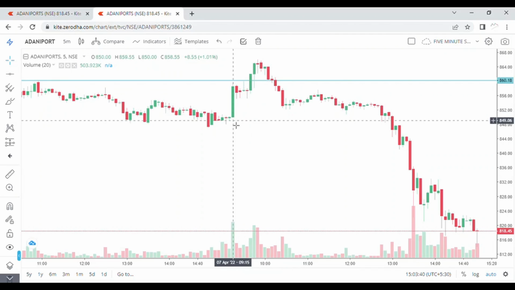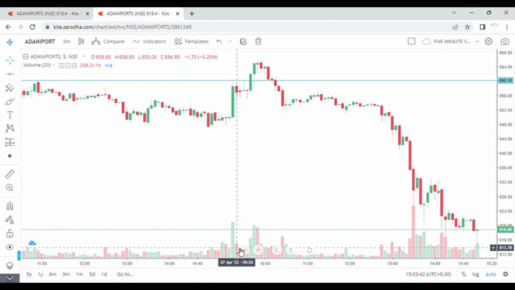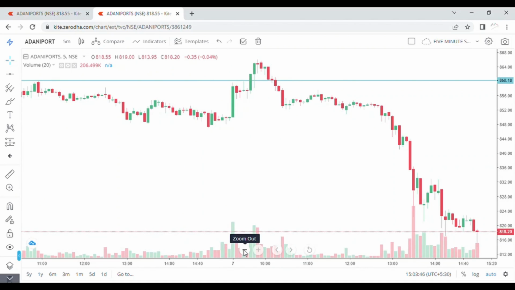But here, one thing I did wrong from my point of view is that I traded against the major trend, which I used to not do. But here my setup was there, and I have that kind of confidence in my setup.